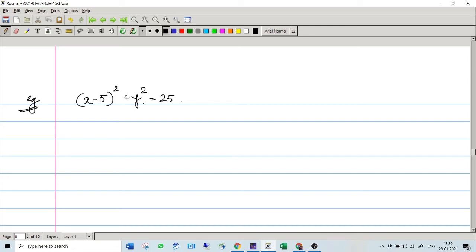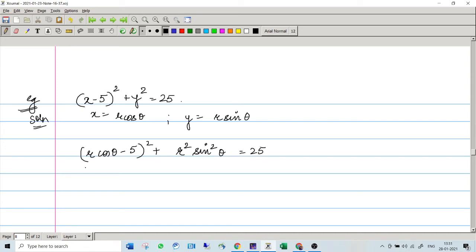Absolutely. So you'll have to now convert this into the form of polar coordinates. So what shall we do? We'll again do the same thing. x happens to be r cos theta and y happens to be r sin theta. So you can put the values right here in the equation and solve it.